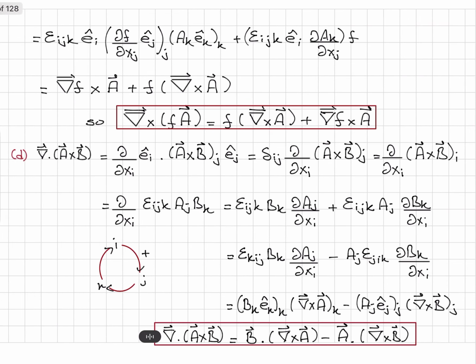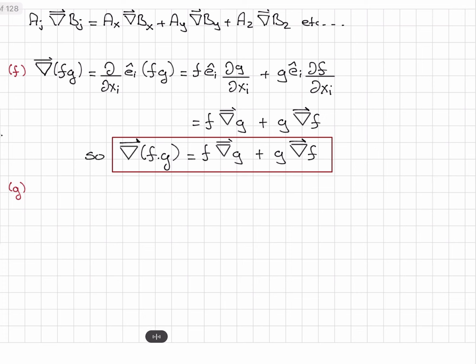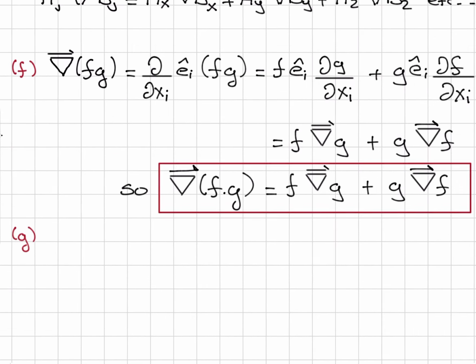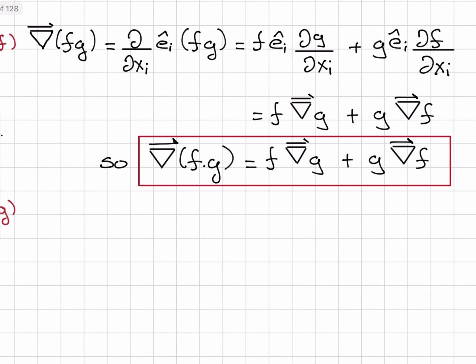Now let's work on part G. Here we have the gradient of a dot product between two vectors, gradient of A dot product with B. So that means we have the del operator, del xi ei hat. This is going to be applied to the dot product.